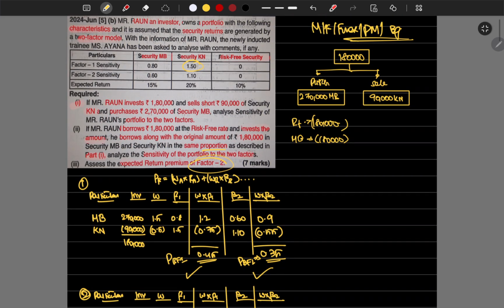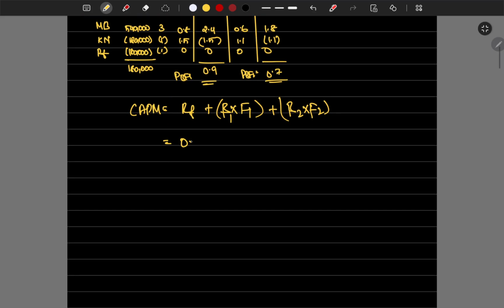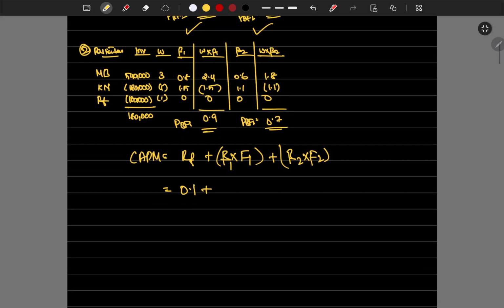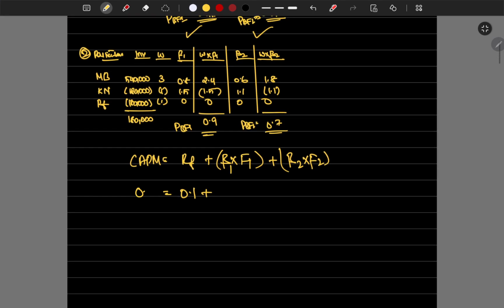What's the risk-free return? Risk-free return is 10%, 0.1. What's the CAPM in case of security MB? 15%, 20% for KN.